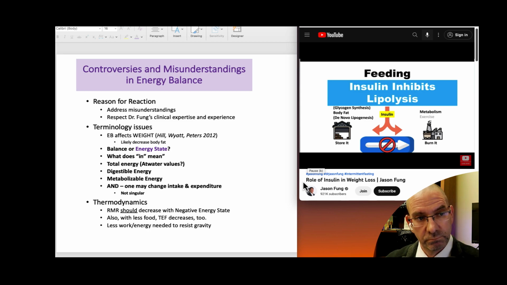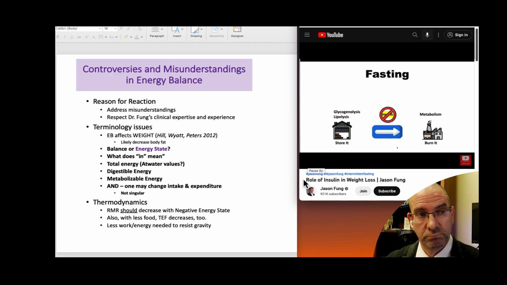Your body has those instructions to store energy, not burn it. So it can't take the energy out of the warehouse, which is the body fat, and use it for metabolism. So when insulin is high, the hormones are going to determine which way these arrows go. It's only when your insulin levels fall, such as with fasting, that you can now take the energy, the body fat, and use it for energy.